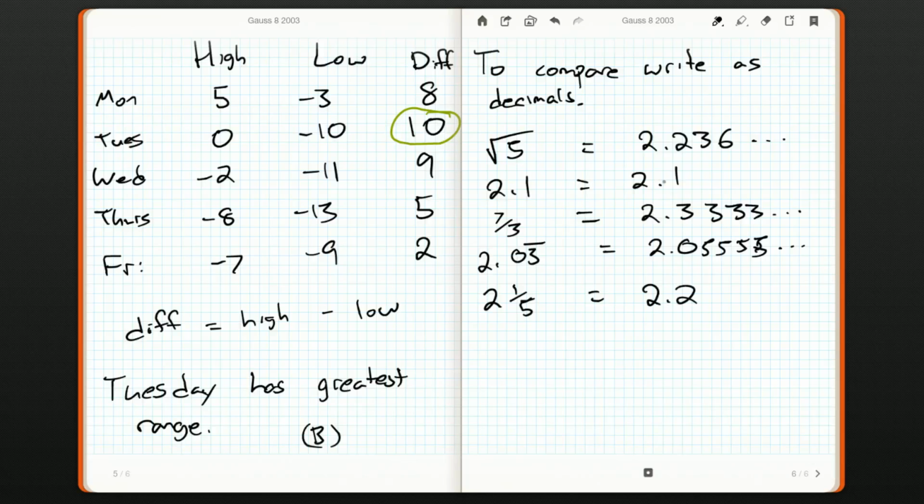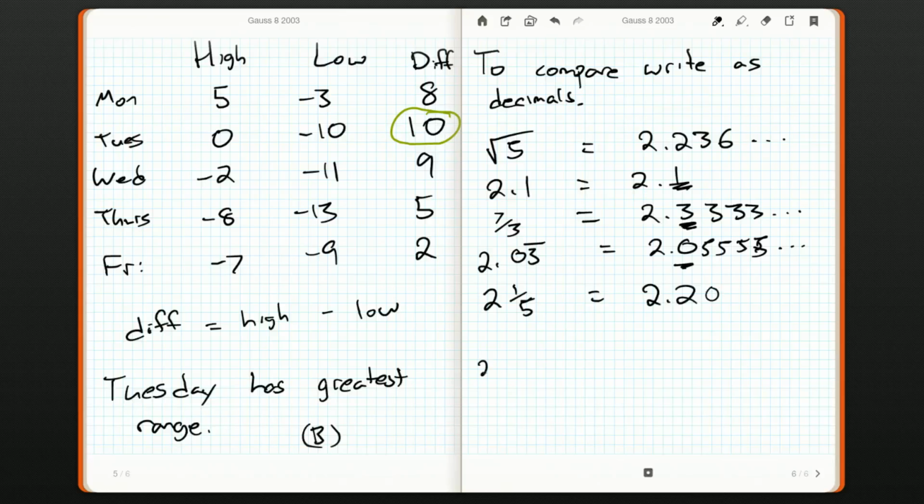So, now when we want to order these, all their units digits are the same, so we look at the tenths digit. The 0 is going to be the lowest, and then the 1. The highest is going to be this thing that ends in a 3, and so for the middle, we need to figure out who's bigger, root 5 or 2 and 1/5. It's not hard to see that since 2 and 1/5 is 2.2, we compare our hundredths digits, and root 5 is a little higher.